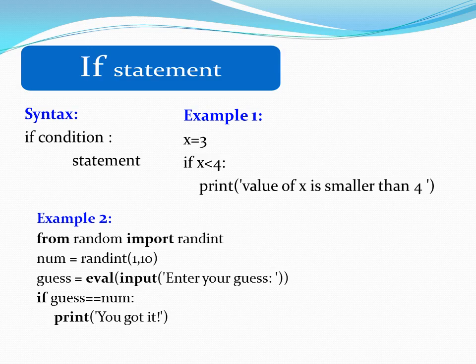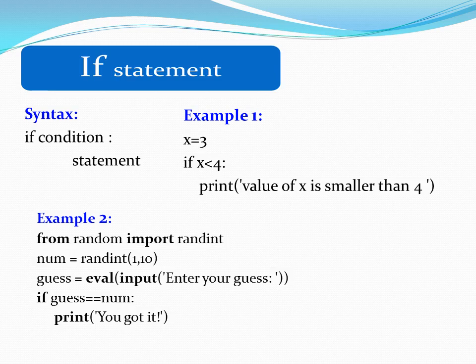And if this condition is true, then the statement related to the if will execute. And if the condition is false, then the statement related with the if statement will not execute. For example, we have the value x equals 3. And if x is less than 4, if this condition is true, then the statement print value of x is smaller than 4 will be printed or displayed.